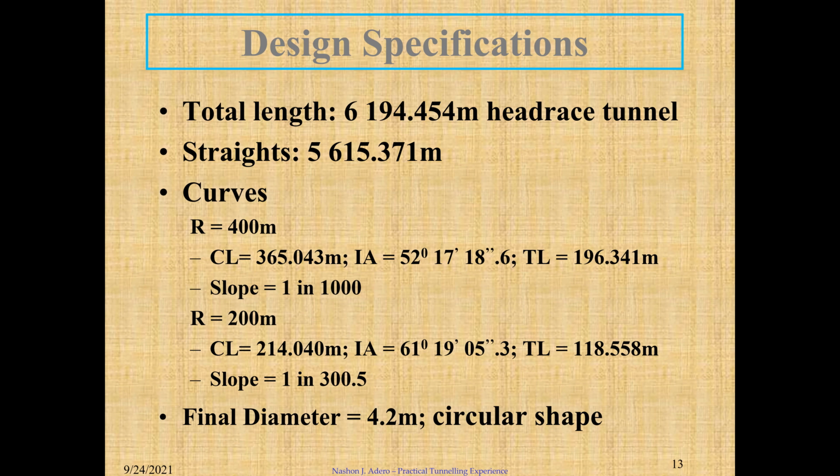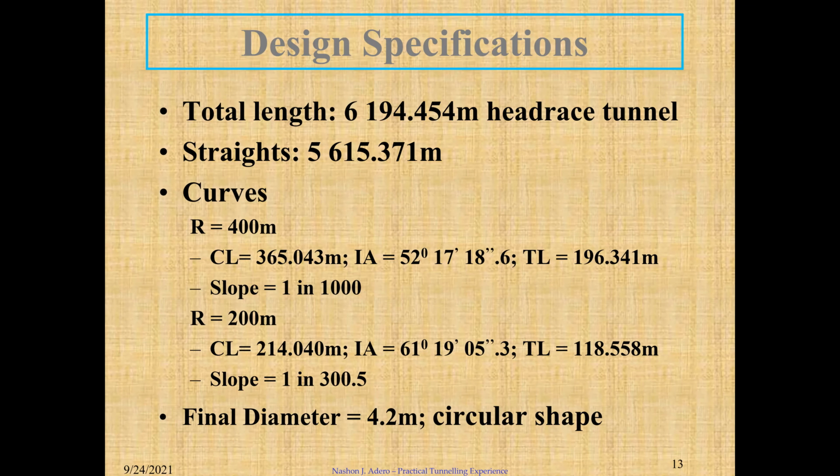And so the tangent length you can easily calculate as r tan delta. So if you take the radius 200 and you multiply by the tangent of half of the intersection angle, you should be able to get 118.558 meters as your answer.